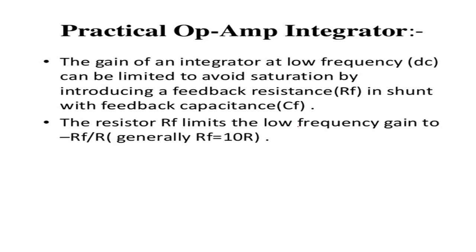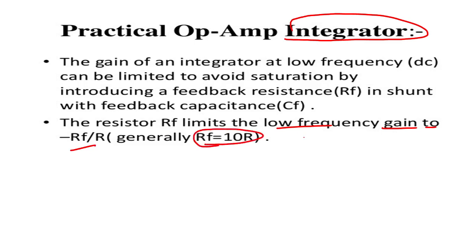Okay, so practically, the operational amplifier as an integrator. Ideally the operational amplifier will work as an integrator, but practically it won't work. Why does it not work? Because the resistor RF limits the low frequency gain to minus RF by R. Generally RF is equal to 10R.